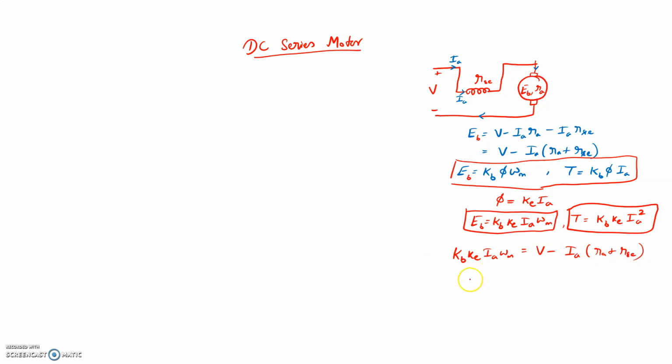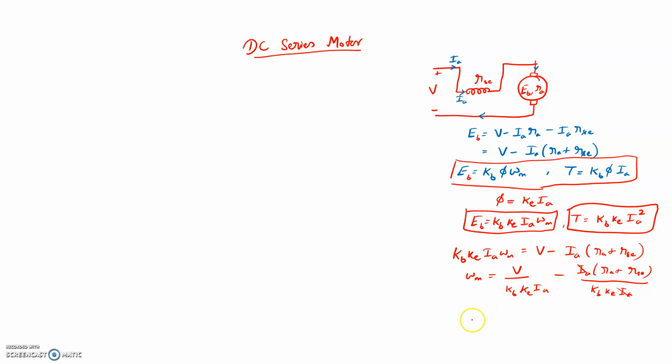And here we can get the value of omega m is equal to V by KB KE into IA, minus (RA plus RSC) divided by KB KE, where IA gets cancelled out.